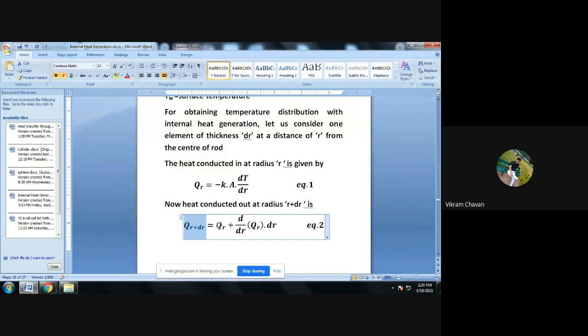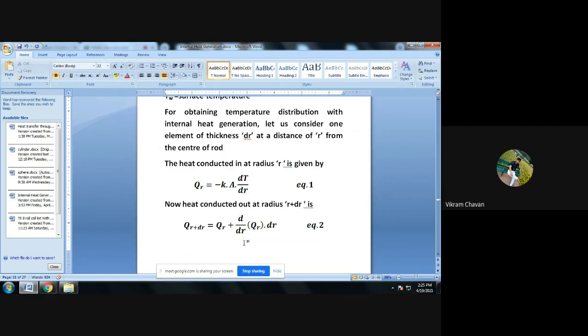Which is equal to the incoming heat q suffix r, with some change, going out. So q suffix r plus differentiation of q suffix r with respect to r multiplied by dr. That will be our heat conducted out at a radius r plus dr. Getting everyone?